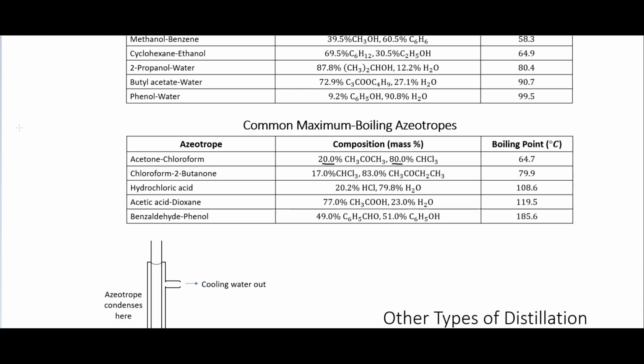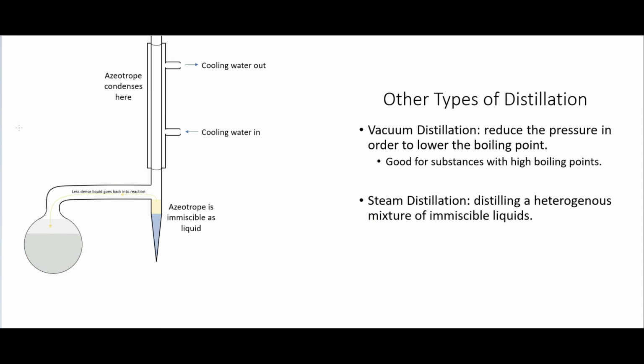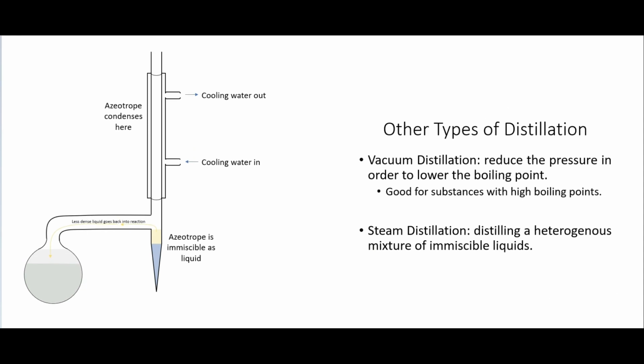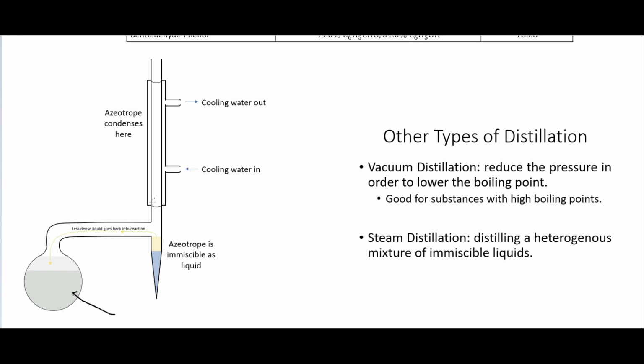But these azeotropes can be exploited for a certain type of reflux here. And so we have the vapor coming up, it comes into this right here, and then it condenses and goes back down in here. And so these two things are miscible as vapor, but immiscible as liquid. And so they separate. And so whatever is on top here will start overflowing and going back into your reaction vessel here.